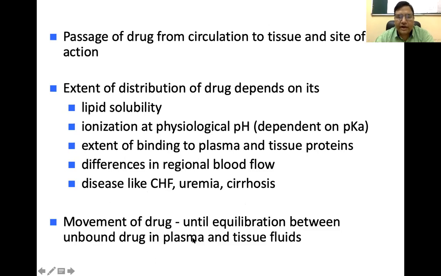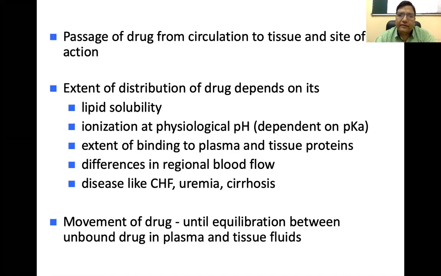So the movement of drug occurs until an equilibrium is set between the unbound drug in plasma and the tissue fluids. So it is basically the free drug which is not bound. It can easily cross the biological membrane and get distributed. And there is always an equilibrium between the bound drug and the unbound drug. And this equilibrium can be set in both ways.